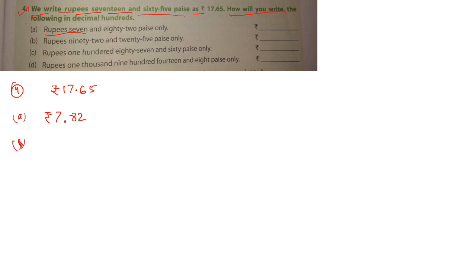In B part you will write rupees 92 and 25 paisa. Part C, rupees 187 and 60 paise. In the same way you will do part D on your own.